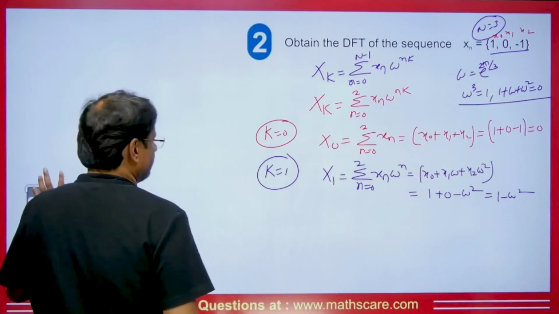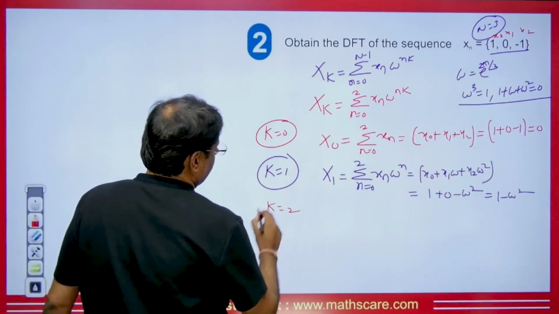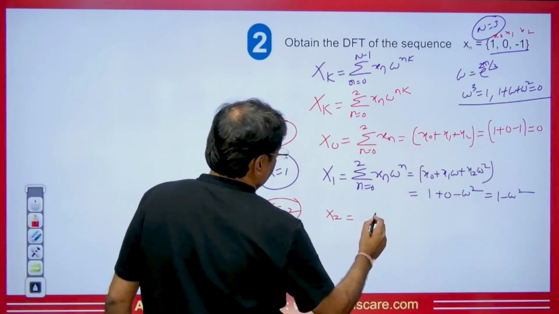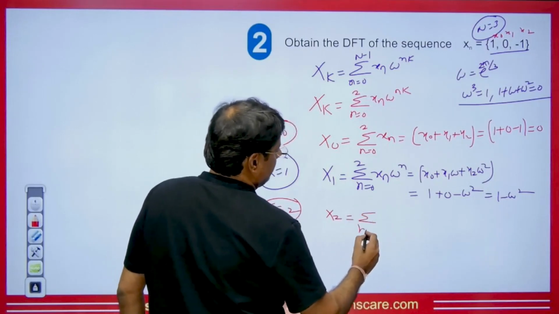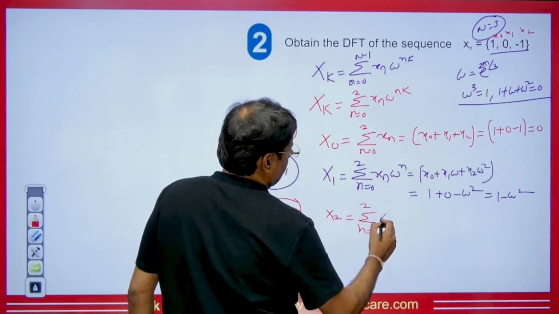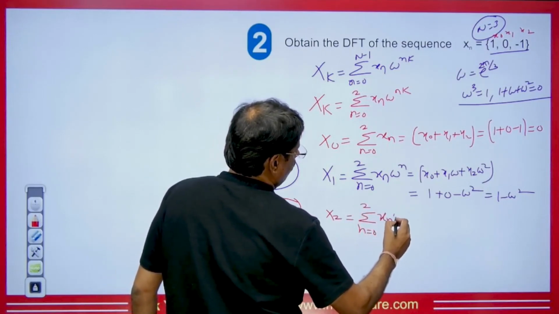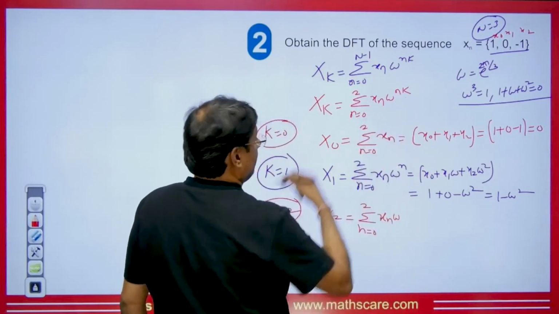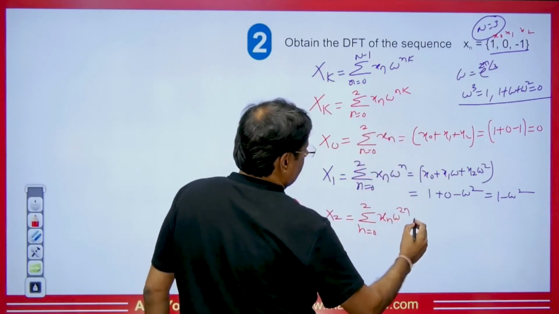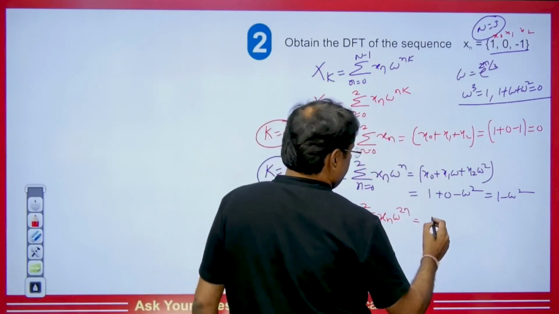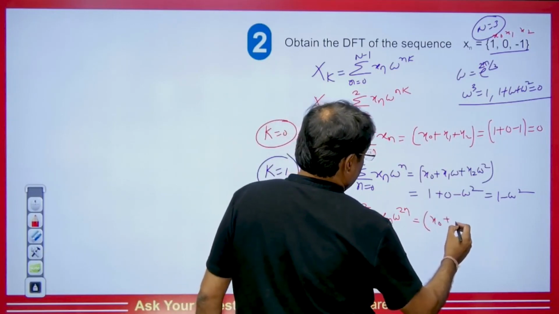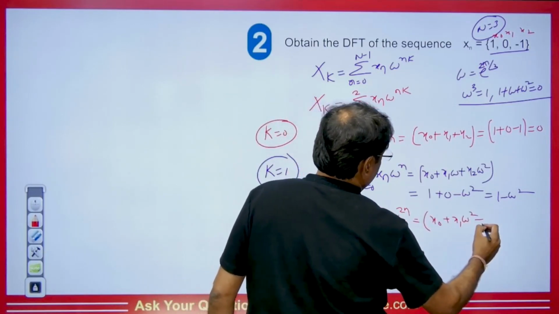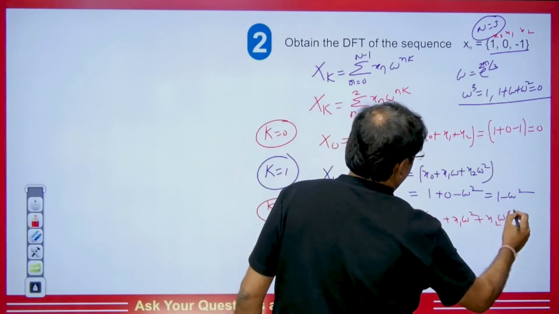In the same way, now we will calculate the value of capital X2, right? So for X2 here, what should we put as k? We should put 2. X2 is equal to the summation n from 0 to 2 of small xn, and because we are putting 2 in place of k here, it will become omega to the power 2n, right? Now we will solve this. So we will get small x0 plus x1 omega square plus x2 omega to the power 4.